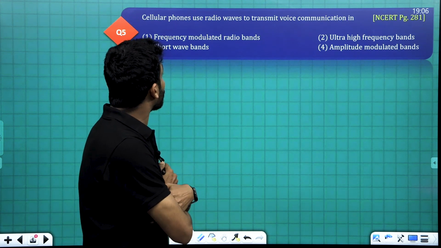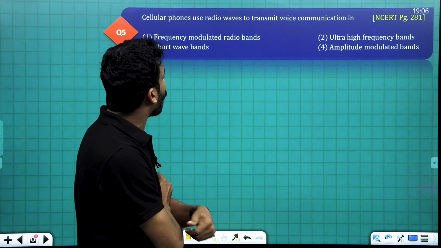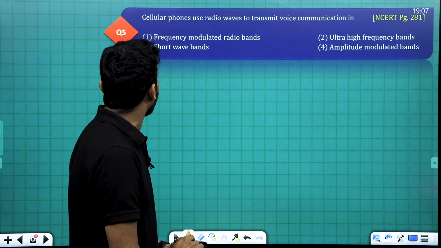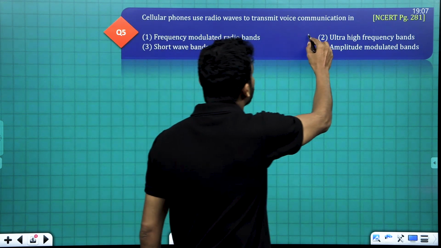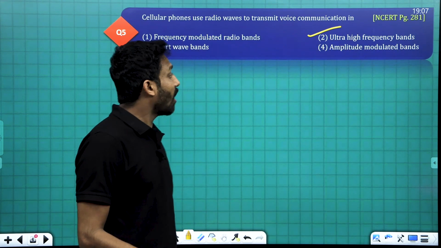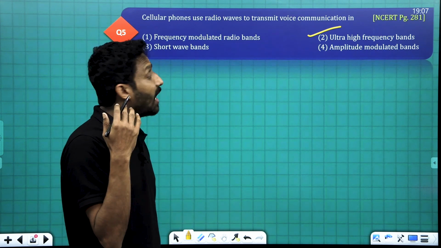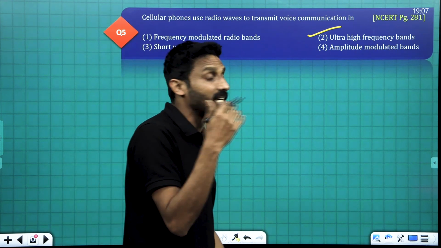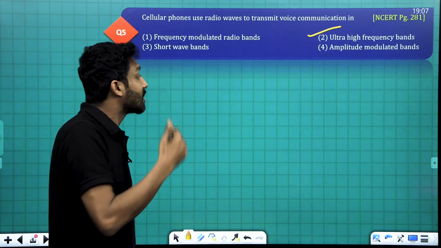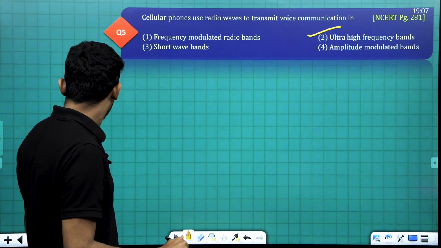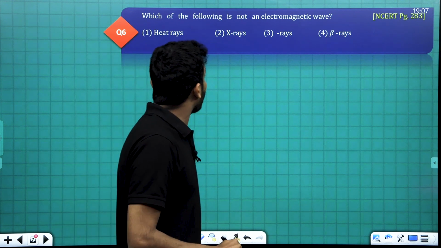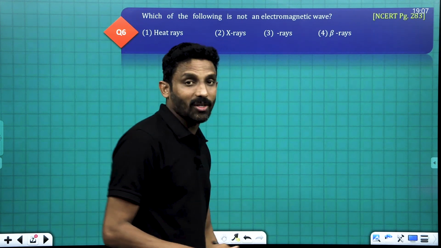Cellular phones use radio waves to transmit voice communication in ultra high frequency bands. In ultra high frequency bands, the voice is transmitted. Direct one. Then, which of the following is not an electromagnetic wave?